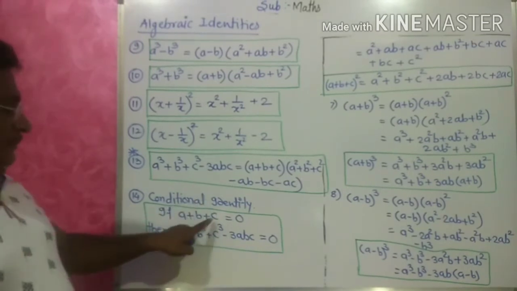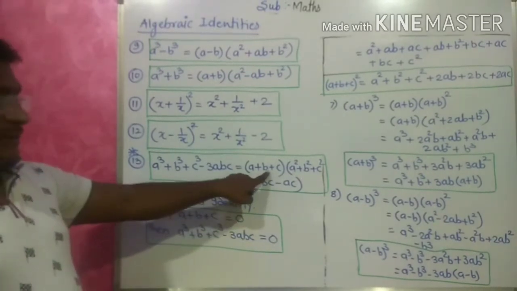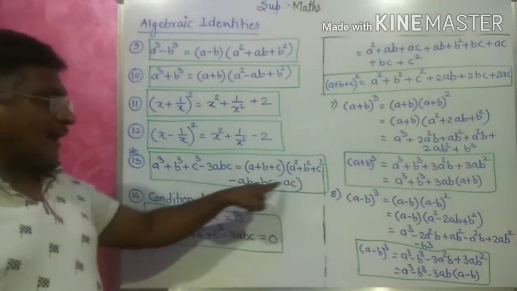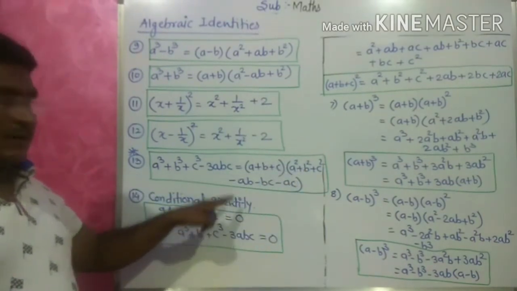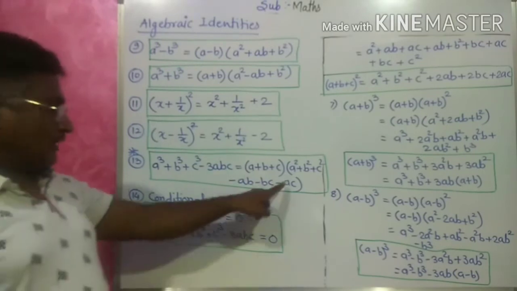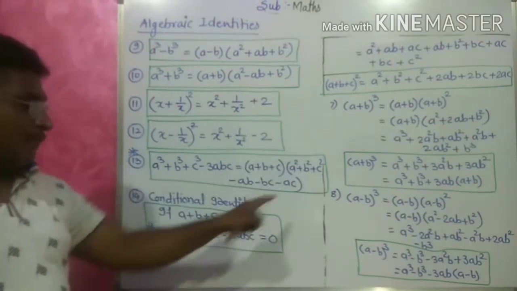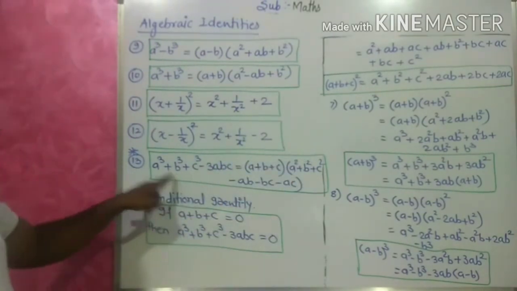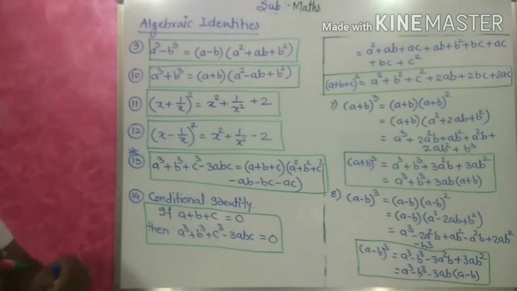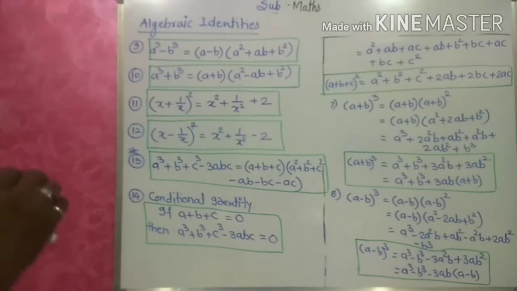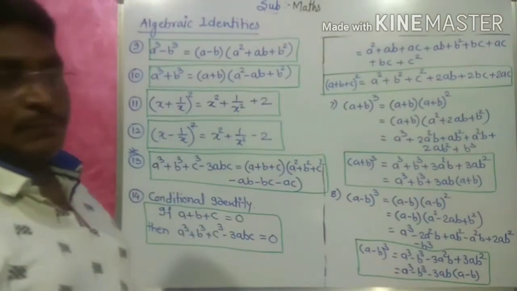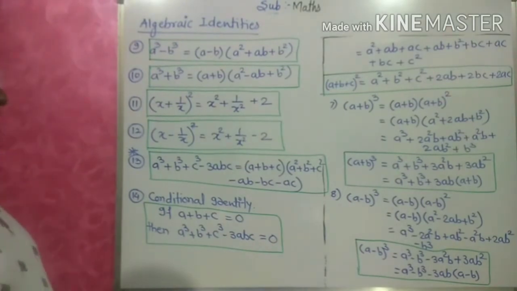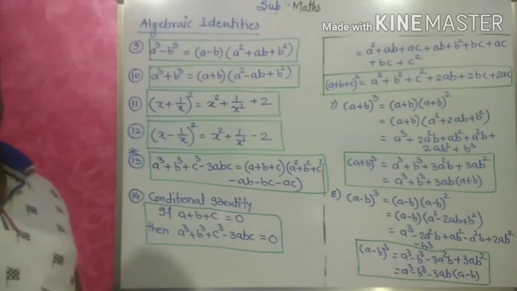What is a plus b plus c equals 0? Here it is 0. 0 multiplied by any term, what will we get? We will get 0. So that's why the right hand side fully becomes 0. Understood, student? So these are the 14 algebraic identities. All these identities you have to learn by heart, because the exercise is based on these identities.